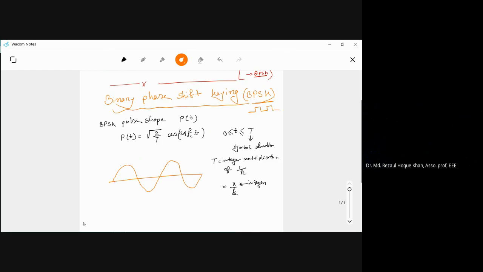It starts from 0 up to T, the symbol duration. So T is our symbol duration.